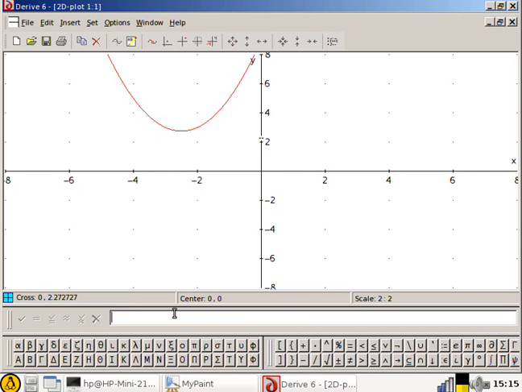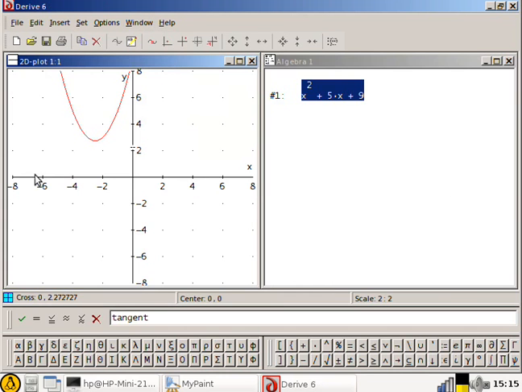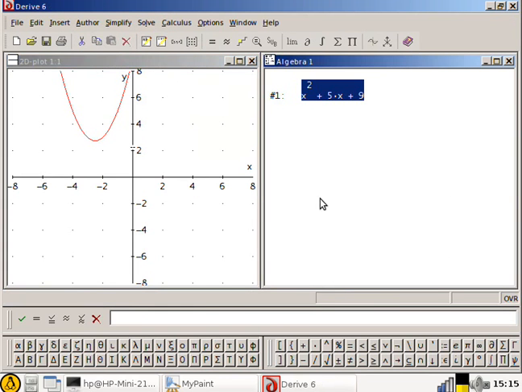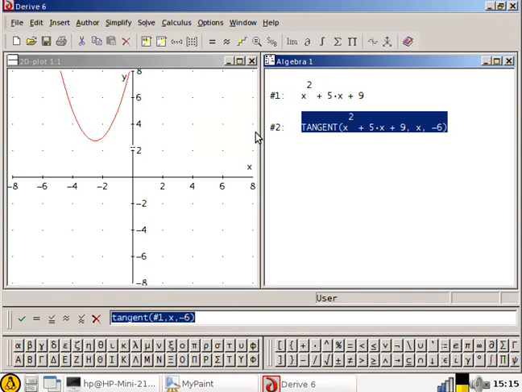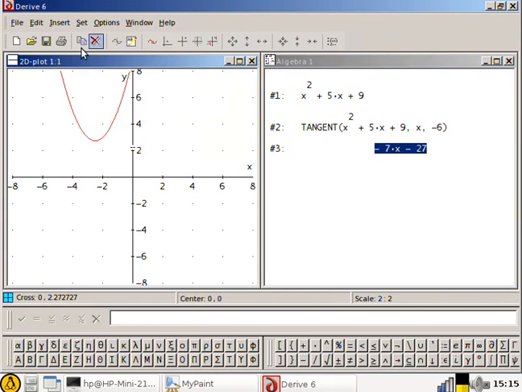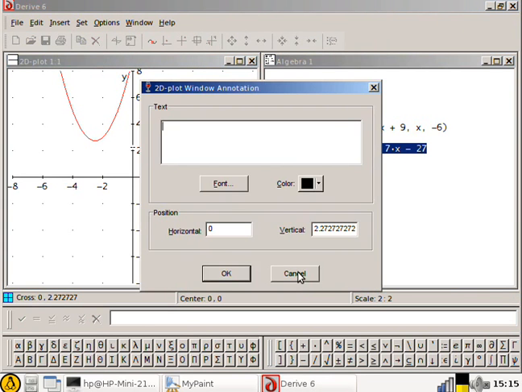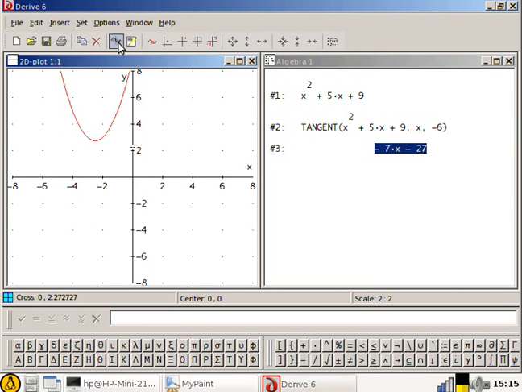We'll draw it first at -6 here. Tangent of that at -6, and I'll graph that. There's that -6. Now I'll do it at -4.